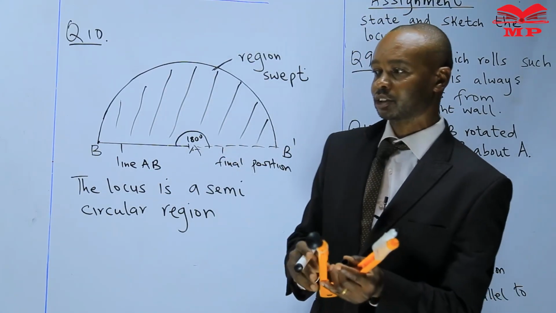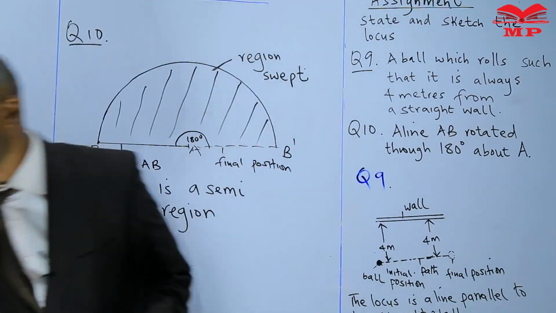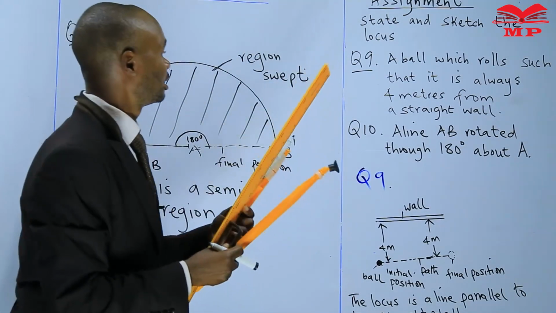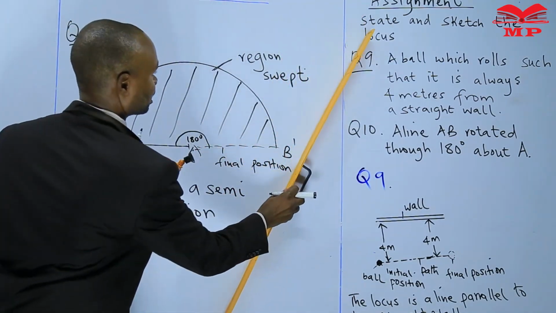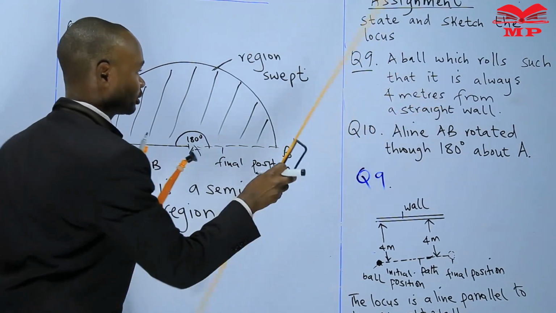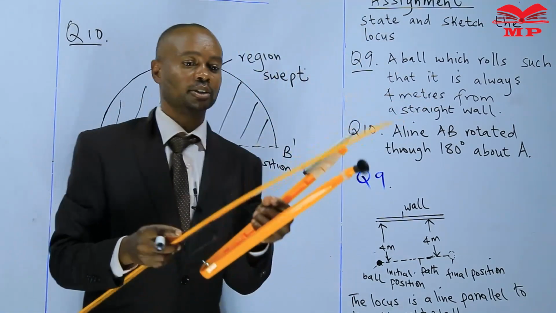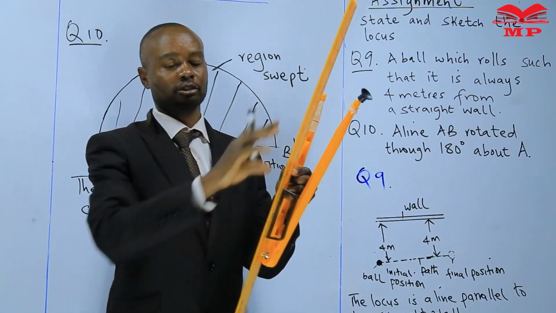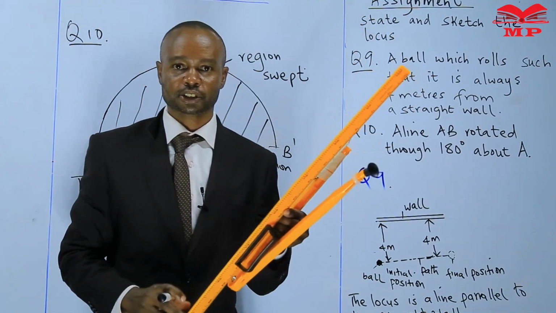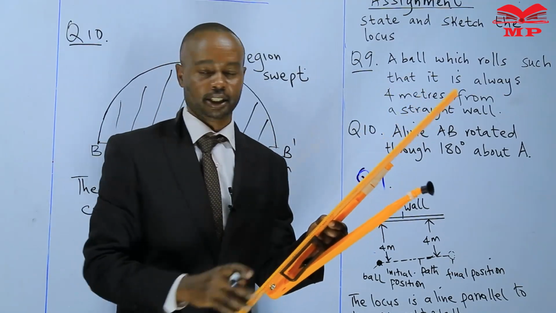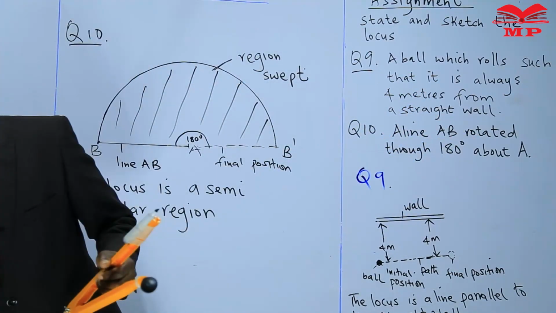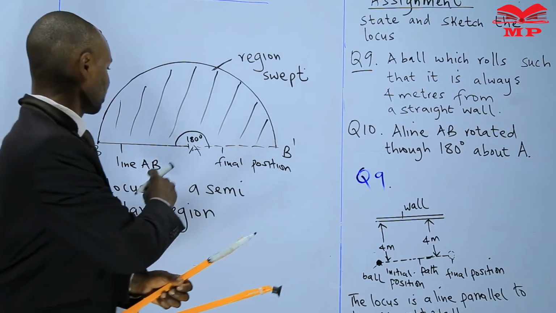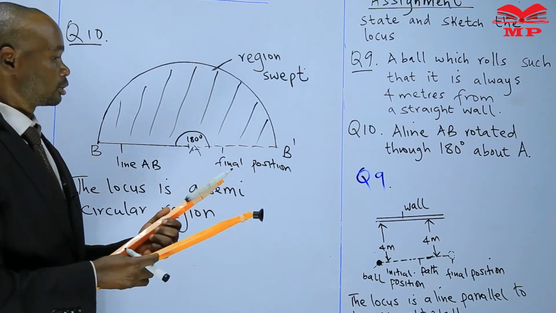If I put a straight edge on the board and rotate it, it will sweep a region. Like when you are sweeping using a duster, it has an edge, and it sweeps an area or a region. That gives you the solution for that.